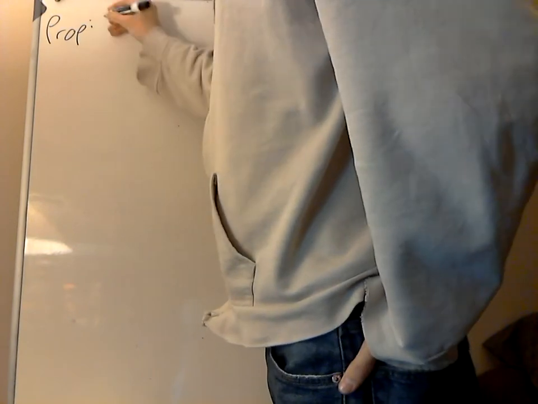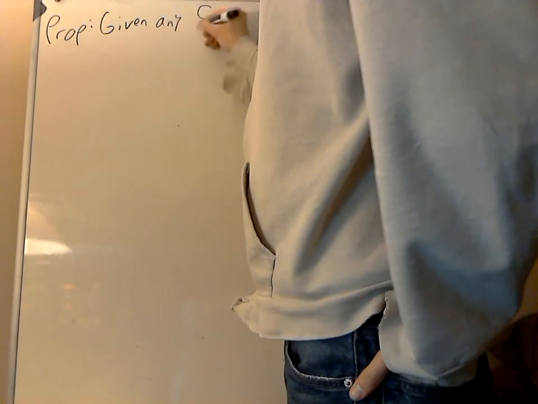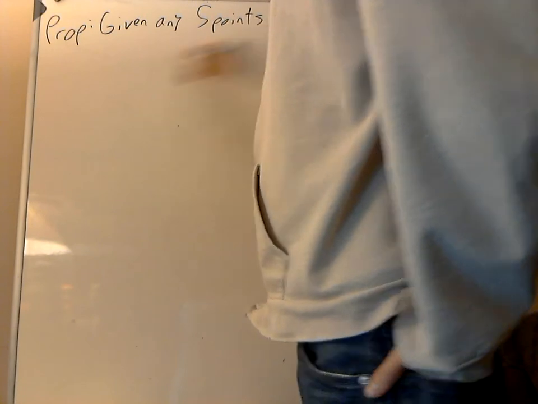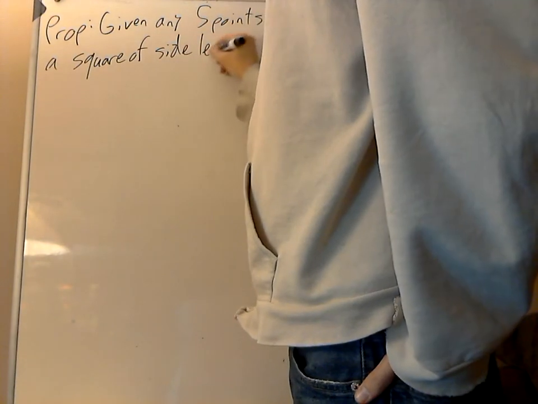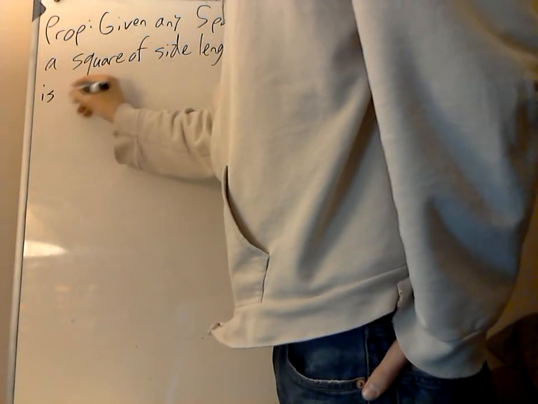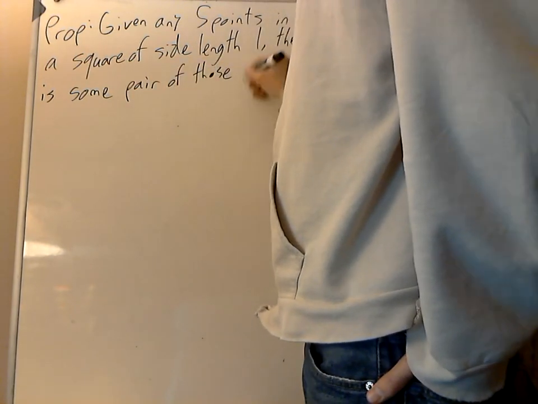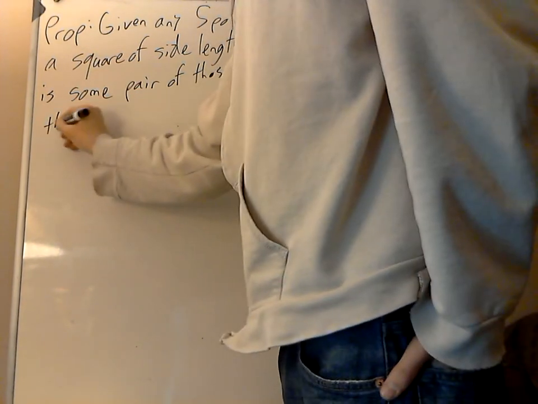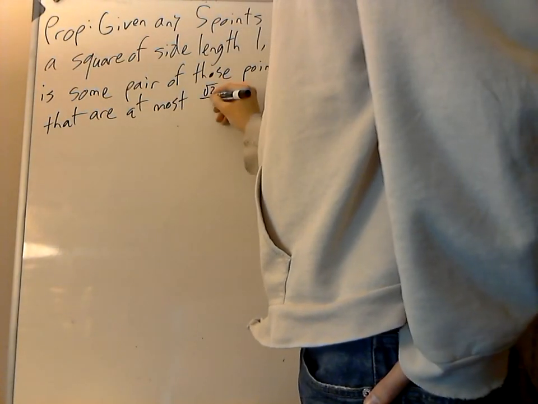Next, we'll give an application of the pigeonhole principle to geometry. The proposition is that given any 5 points in a square of side length 1, there is some pair of those points that are at most square root of 2 over 2 apart.